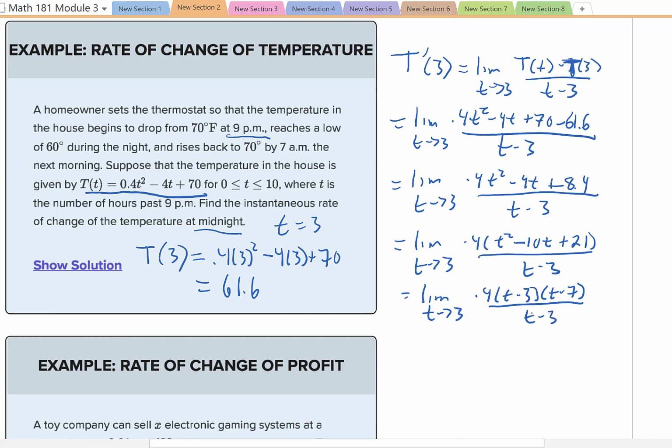So our t minus 3's will divide out, and we're left with the limit as t approaches 3 of 0.4 times t minus 7. Now we can plug the 3 in. We have 0.4 times 3 minus 7. That's going to be 0.4 times negative 4. So that's negative 1.6 degrees per hour.